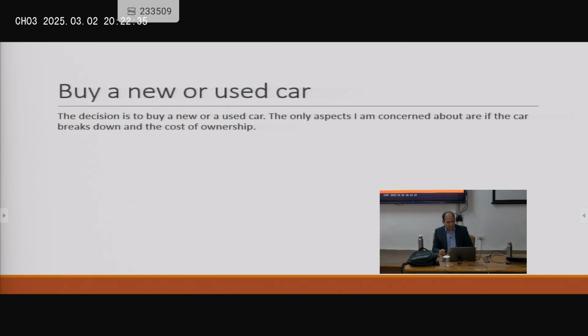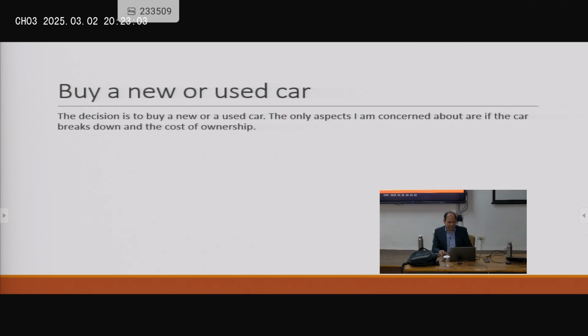So the second simple decision problem. As you may recall, we were practicing how to draw decision trees. We're not really trying to solve the decision trees, we're just trying to represent our decision situation using the standard view. So let's say I'm deciding on whether to buy a new car or a used car, okay?